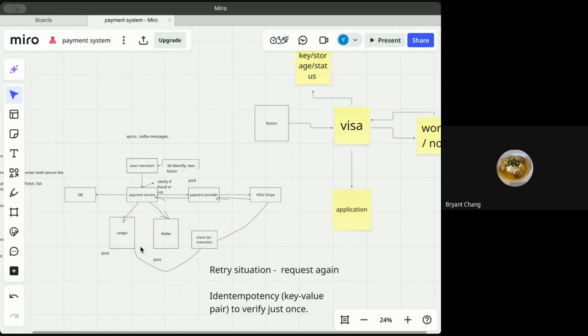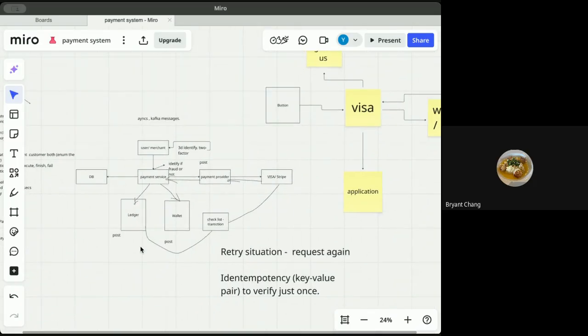So how do you ensure that the payment servers will not be blocked when accessing the external payment provider? You mean if it's blocked by my third parties like Visa, how do I prevent it, right? Yeah, how do you prevent that?